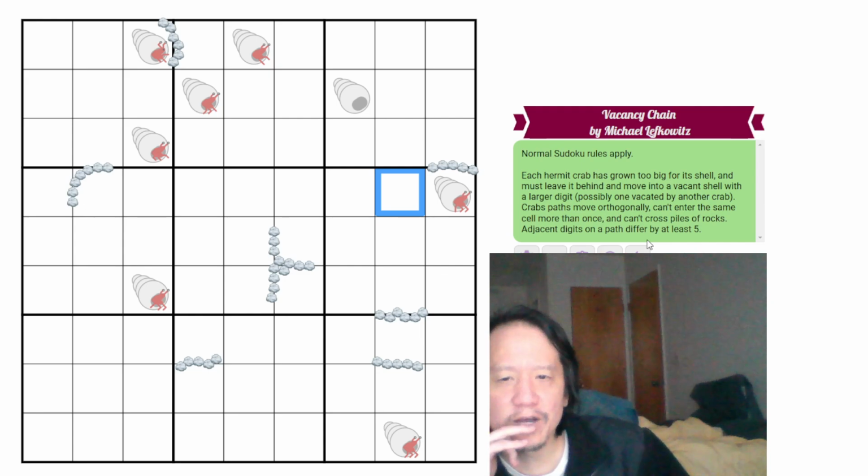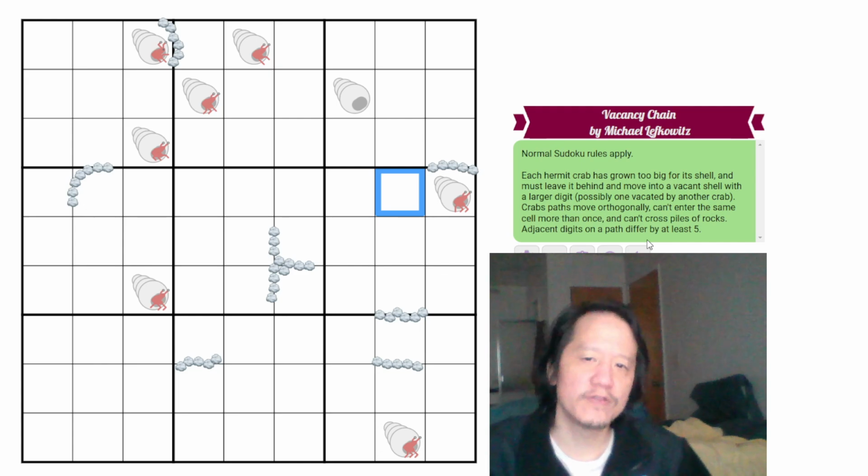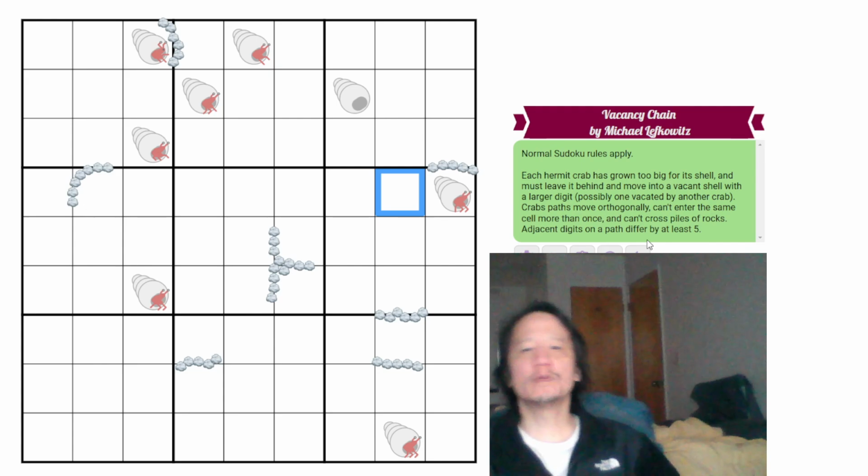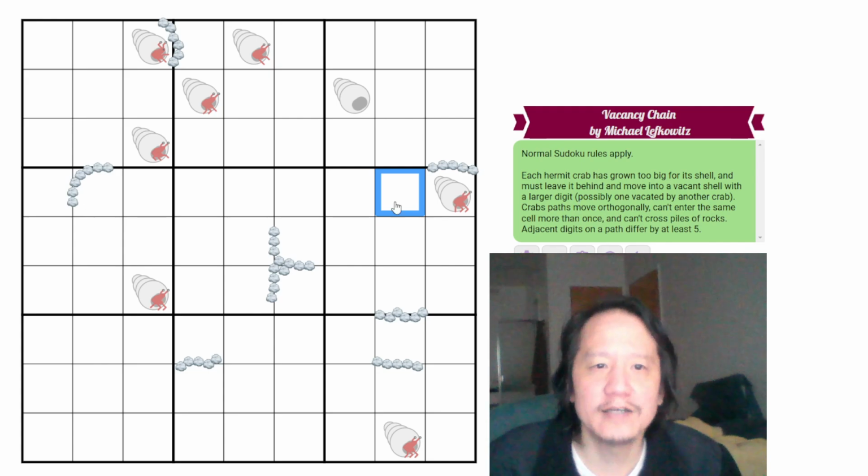Adjacent digits on a path. So this is the German whisper rule. So each hermit crab has to leave its shell and go to another one. Interesting. That means out of these, how many are there?